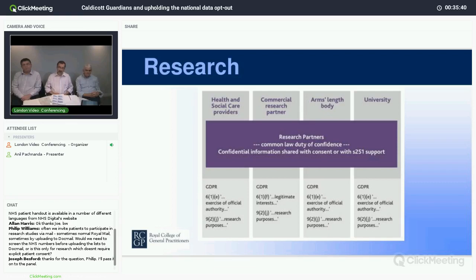You'll see on this slide, which is taken from the Information Governance Alliance literature on legal basis, that nowhere under the GDPR legal bases is there any mention of consent. Research, which basis you use under GDPR will depend on what kind of organisation you are, but you will not be using GDPR consent as your legal basis for the processing of information for research.